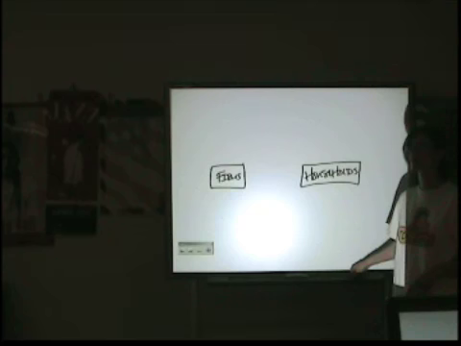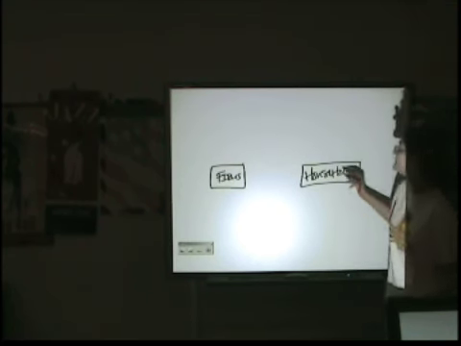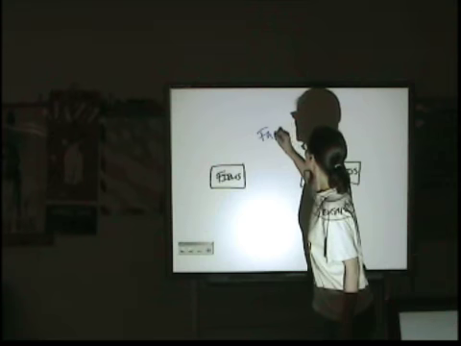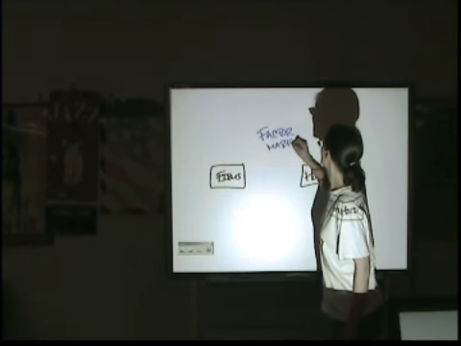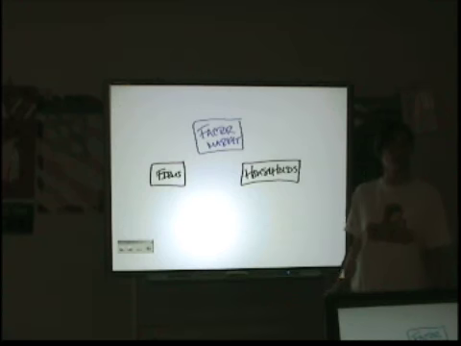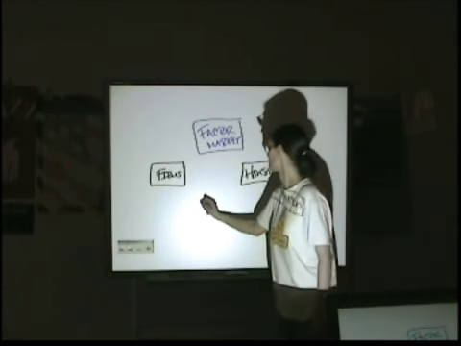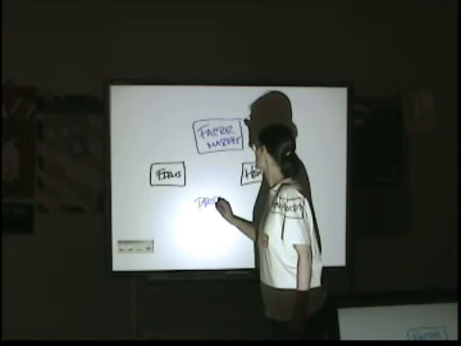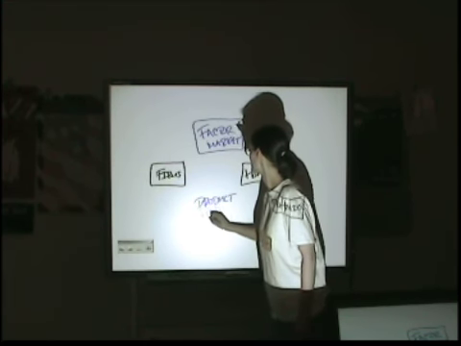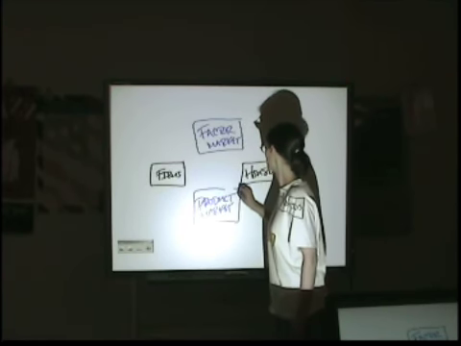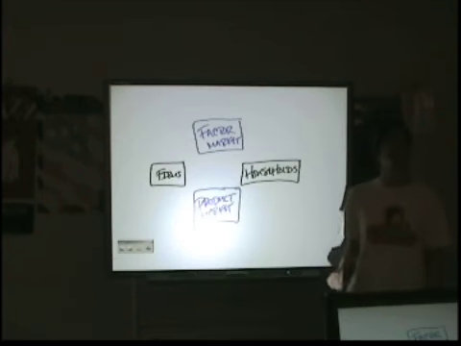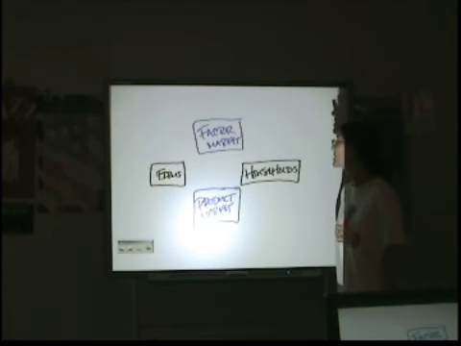Now the two markets are going to be the factor market where factors of production are bought and sold, and the product market, where final goods and services are bought and sold.